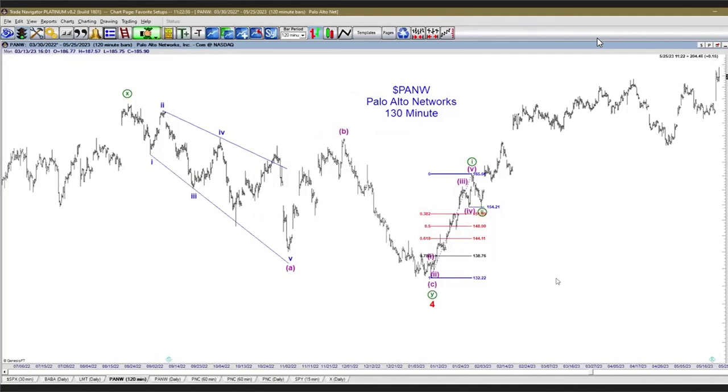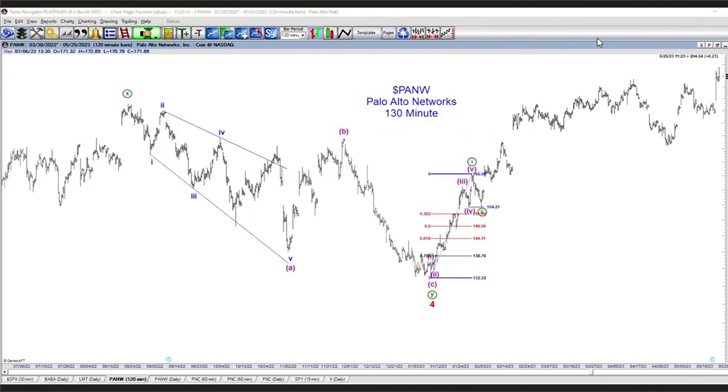So that just shows you that you don't always get that 618 wave 2 decline. In this case, the market was pretty strong. It gapped up a couple of days, and so wave 2 just couldn't really muster much more than a previous fourth wave low pullback. So that one was just another classic Elliott wave setup.